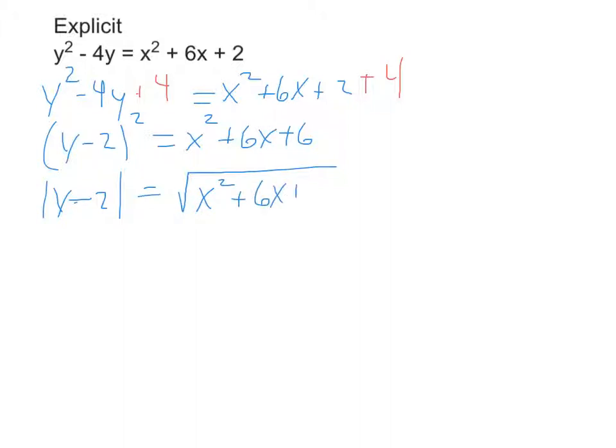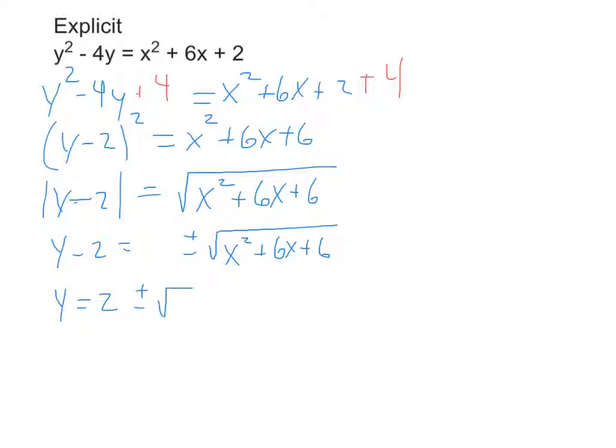But to solve that, what we say is that y minus 2 equals plus or minus the square root of x squared plus 6x plus 6, and then y equals 2 plus or minus the root of x squared plus 6x plus 6. Okay, and all of that is just to go ahead and get y by itself.